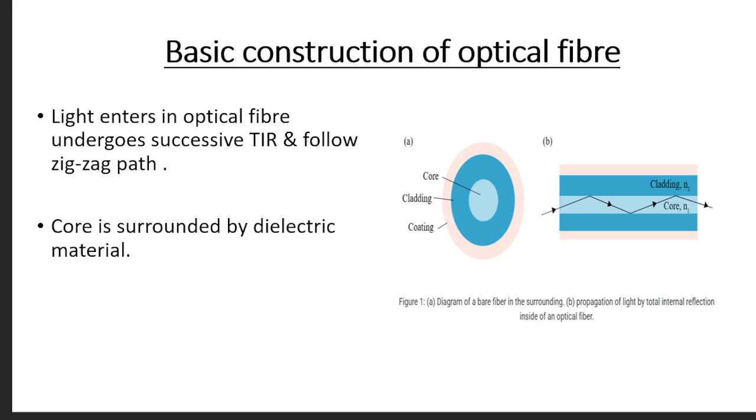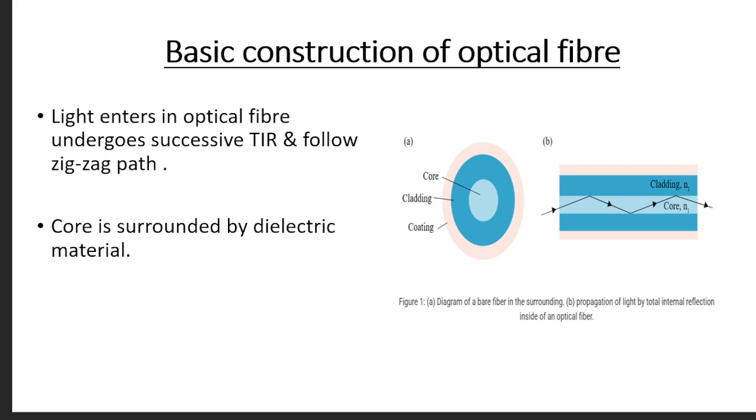That's why we need some extra covering or protective layer above the core, that is the cladding. Light enters the optical fiber, undergoes successive total internal reflections and follows a zigzag path. So it is essential to construct the optical fiber so that total internal reflection is satisfied.